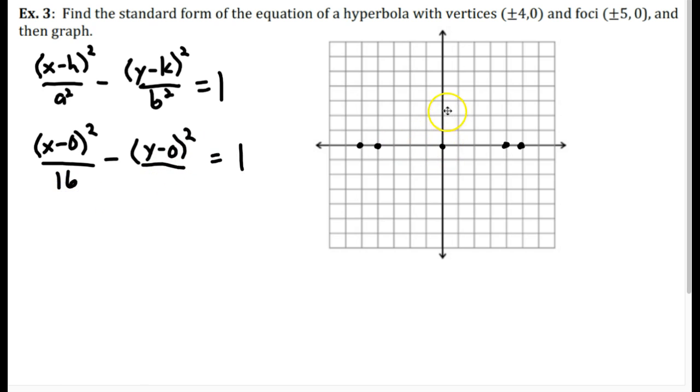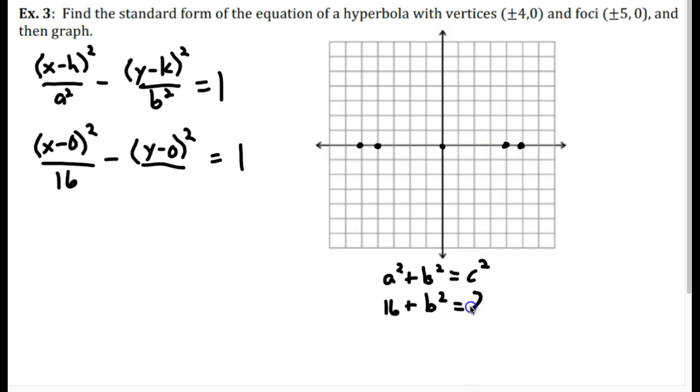Now, I don't know how far up and down I have to go. I need to solve for that. So I need to use my a squared plus b squared equals c squared idea, where c is the distance from the center to each of the foci. So I'm going to have 16 plus b squared equals, now c is 1, 2, 3, 4, 5.